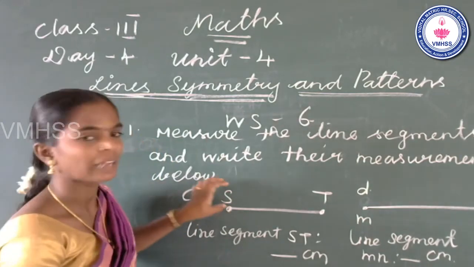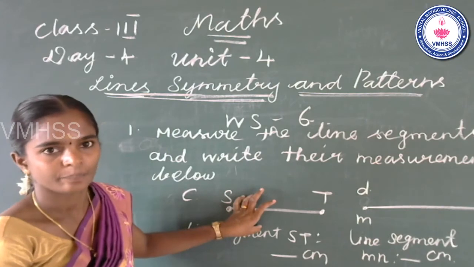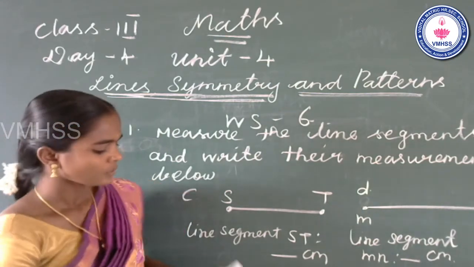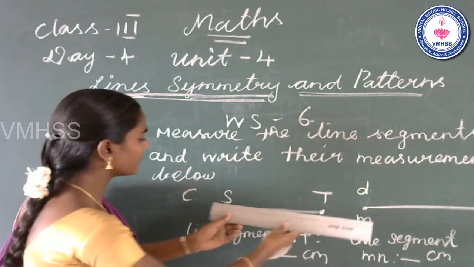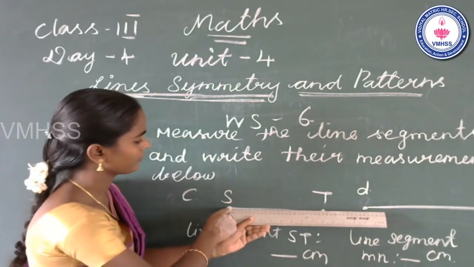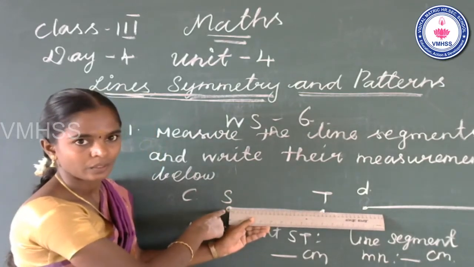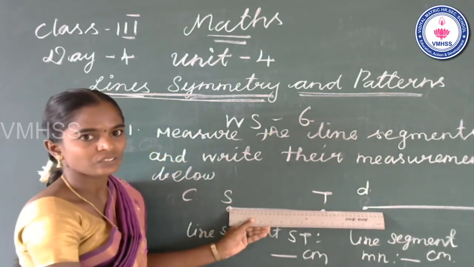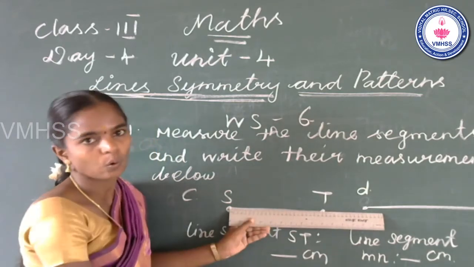Students, listen here. So now we take the ruler and measure the length. First we take the ruler. Keep the 0 centimeter end of the ruler on point S. Next this end point T. So 0, 1, 2, 3, 4.